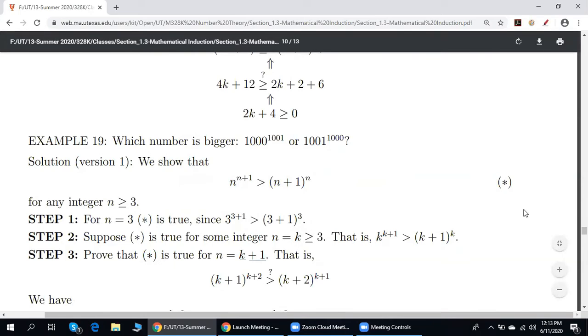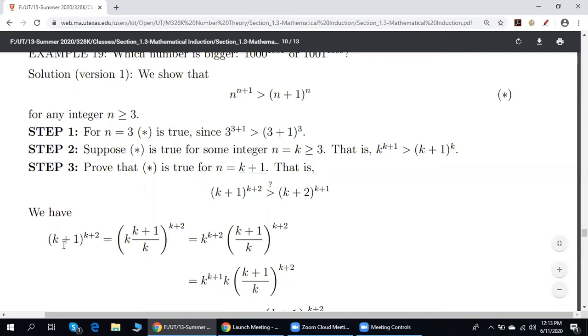Here's one way to do it. First, rewrite k plus 1 as k plus 1 divided by k multiplied by k. Note that after the cancellation, the whole expression in parentheses indeed becomes k plus 1. Next step.